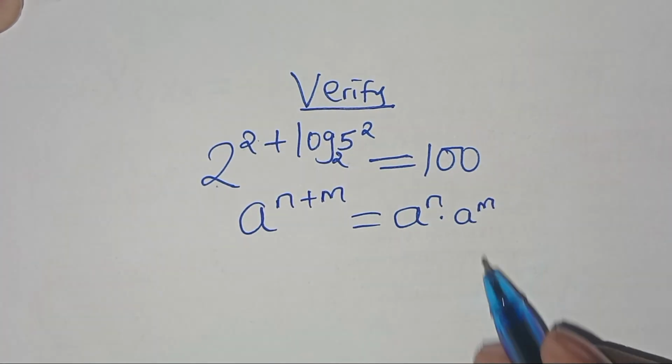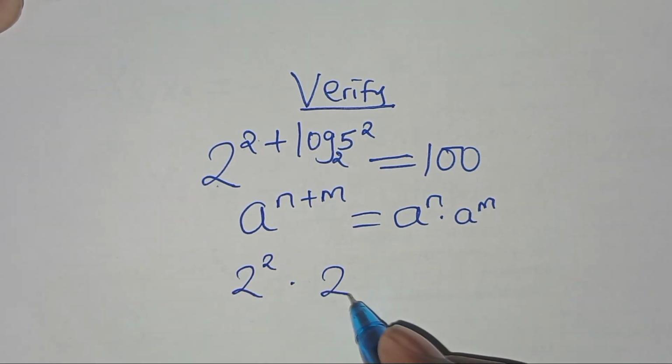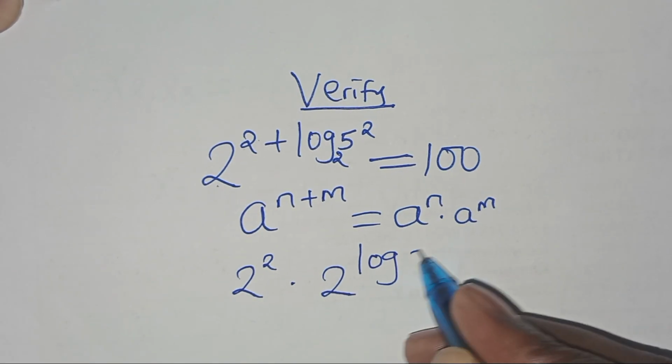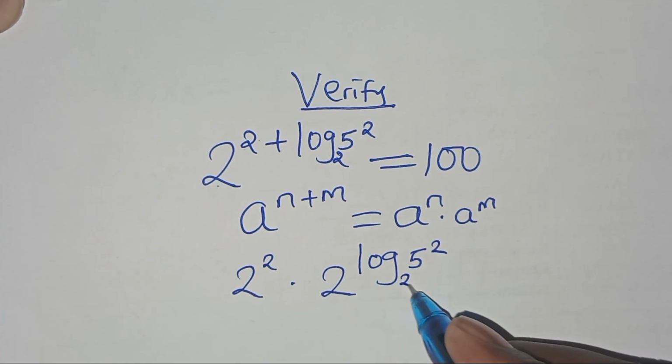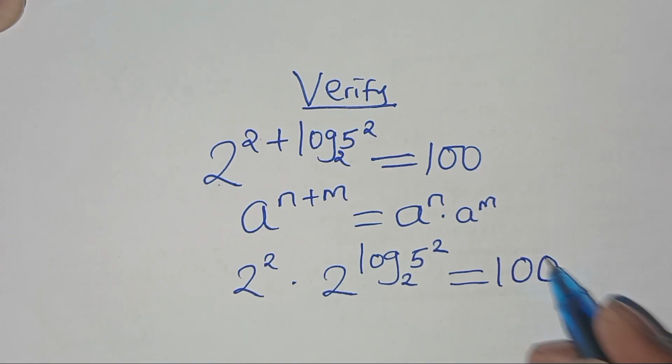Applying this exponent property, we have 2 to power 2 times 2 to power log 5 squared to base 2. This is supposed to give us a value of 100.